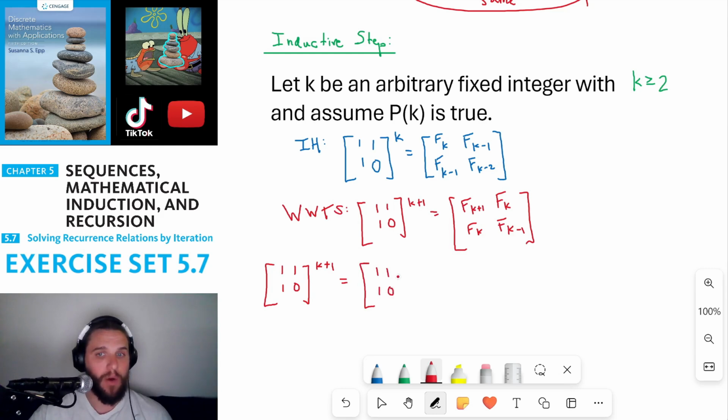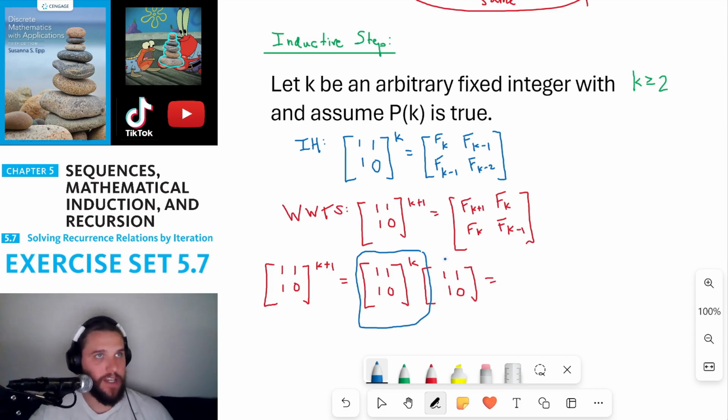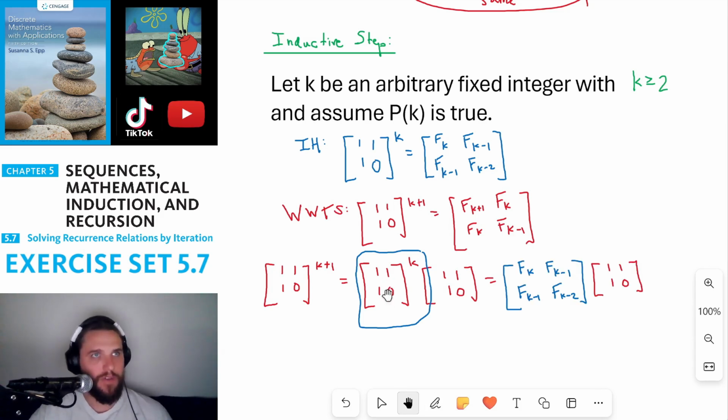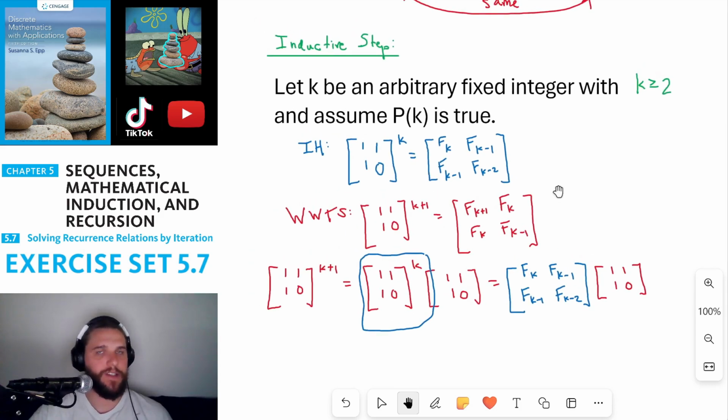One where the exponent is k, and then this other matrix which is just one more factor of the original matrix. Now we can apply our inductive hypothesis. The inductive hypothesis tells us what this matrix is, and so we're going to substitute this matrix using our inductive hypothesis.